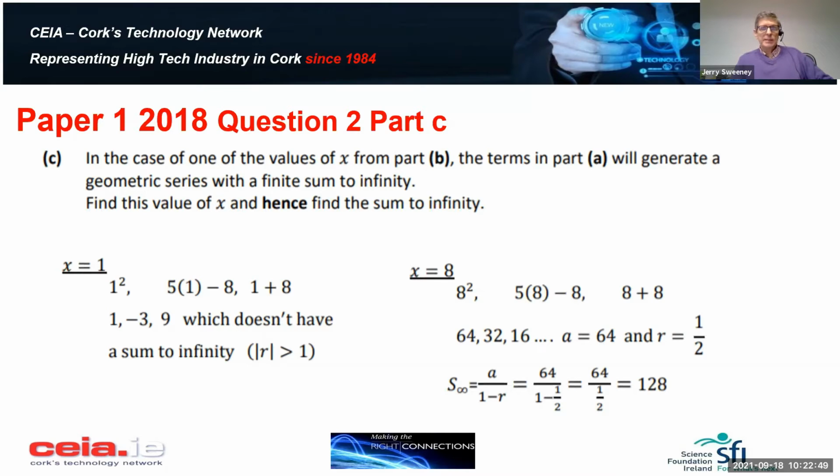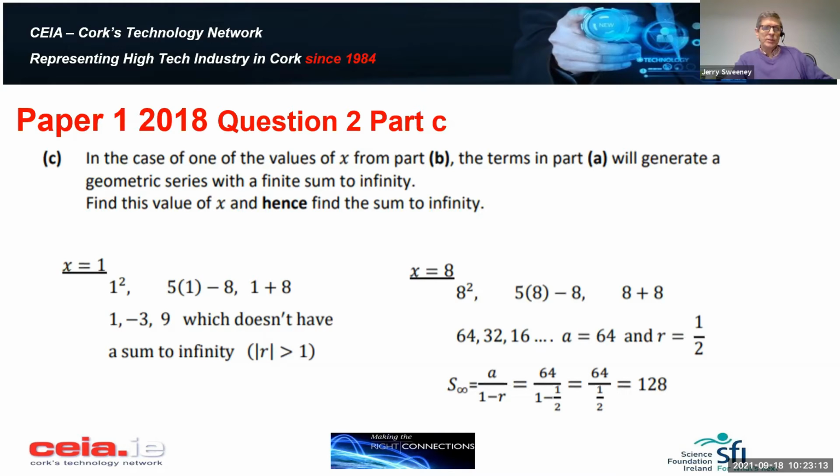So let's test x equals 8. And x squared in this case is 8 squared, 64. And the next term is 5 times x minus 8, which is 40 minus 8, which is 32. And the next term is x plus 8, which is 16. So in this case, the ratio in the geometric series is a half.